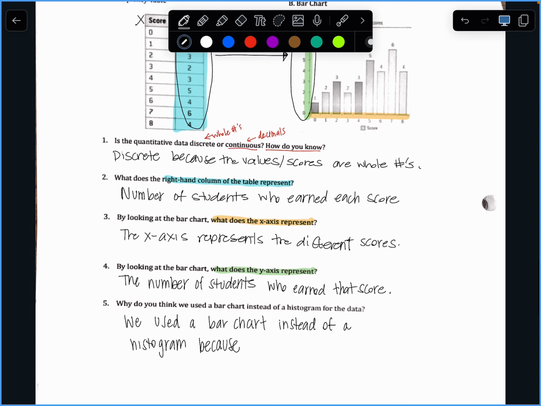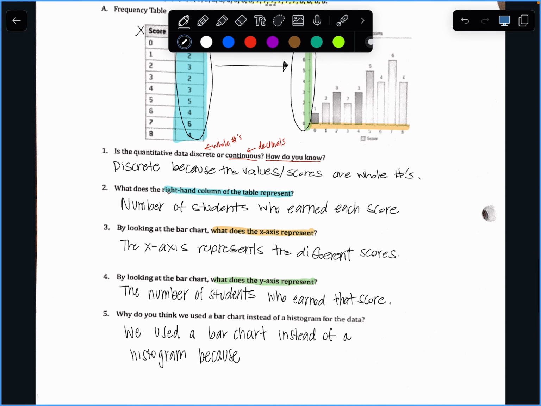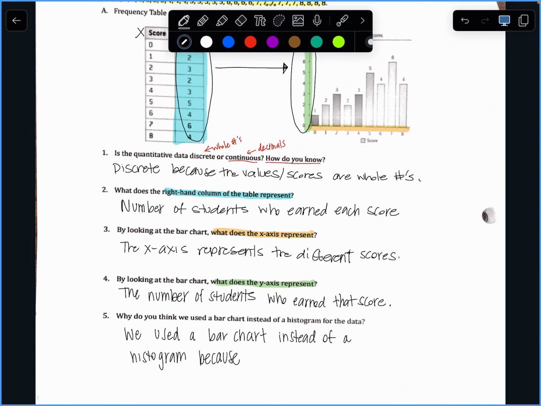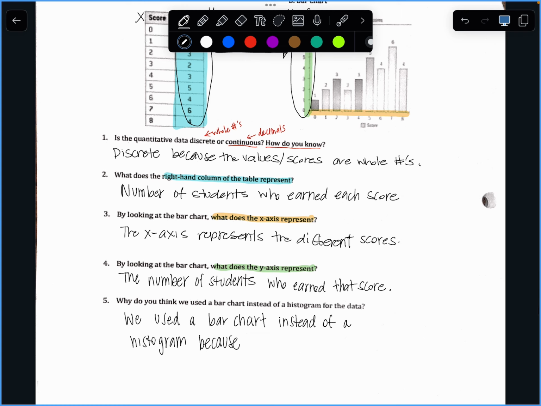Is it more precise because of the value? What values? We have X values and we have Y values. Which one? It's because it's discrete. And why is it discrete?